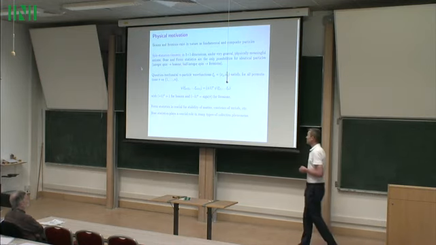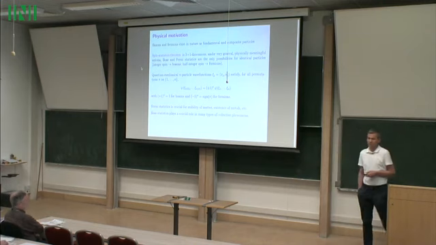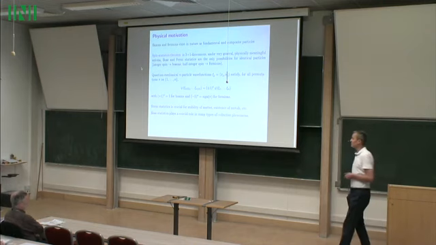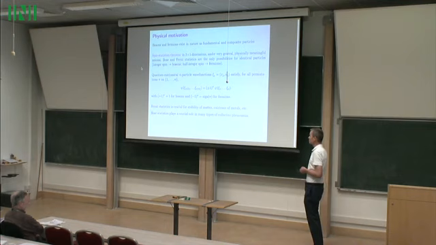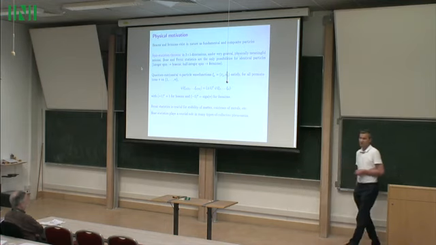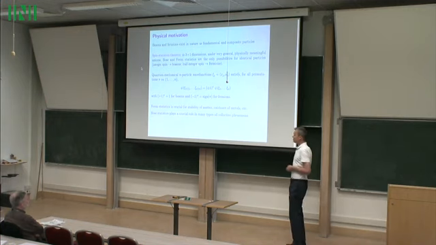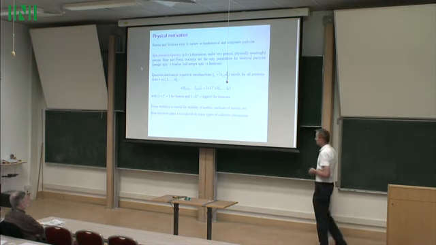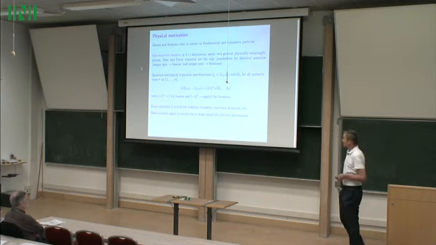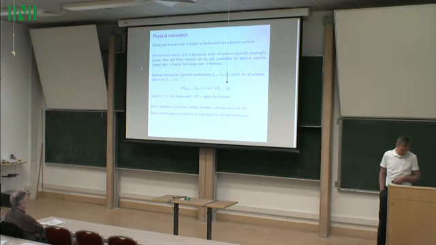And so there are these two possibilities. If you permute the arguments by some permutation pi, either the function remains unchanged, so it's totally symmetric, or you get the sign of the permutation, and then it's totally antisymmetric. The symmetric case are the bosons, the antisymmetric case are the fermions.